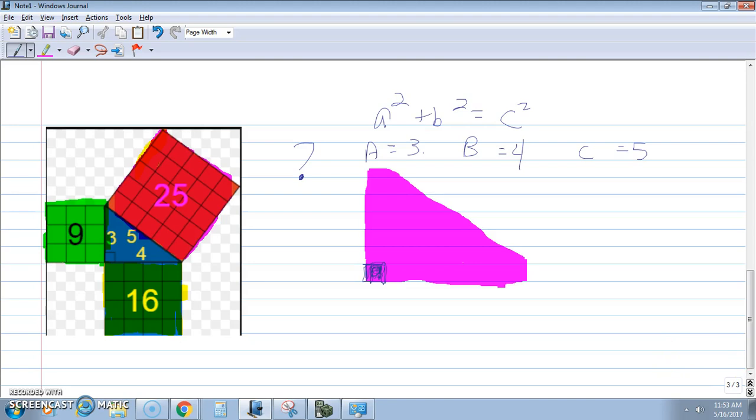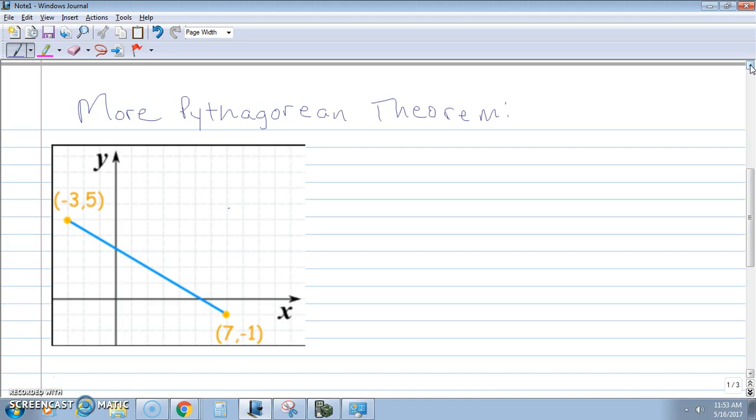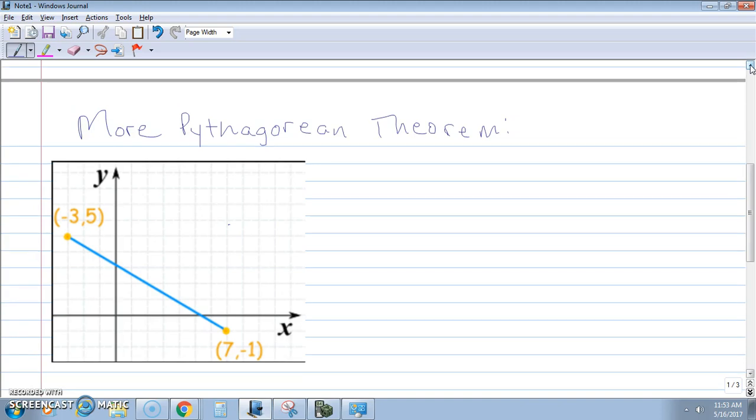Okay, but let's do one more, because some of the practice problems are, again, using the Pythagorean theorem to find the distance between 2 points. It's not going to be like between cities like we've been doing. It's going to be just between 2 points on a graph. So if they give you the point -3, 5, and you graphed it, you would have -3, 5 right here, and 7, -1.